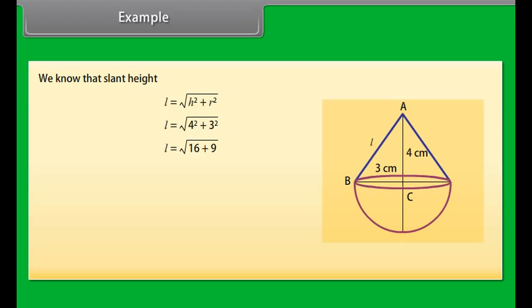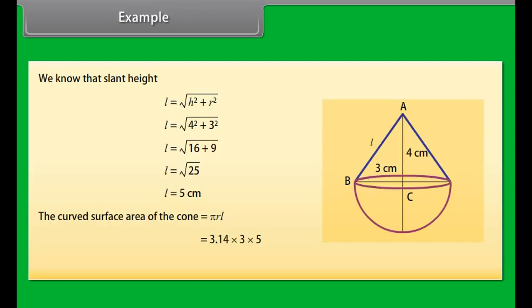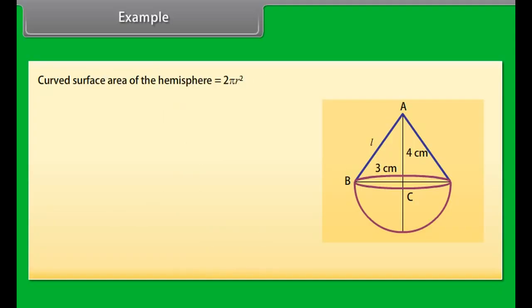We know that slant height l is equal to square root of h square plus r square, which equals square root of 4 square plus 3 square, equal to square root of 16 plus 9, equal to square root of 25, equals 5 cm. Now substituting the values of pi, r and l, we get 3.14 into 3 into 5, which is equal to 47.1 centimeter square.